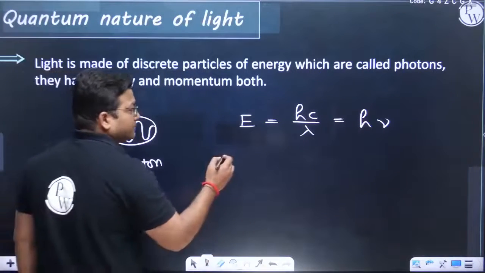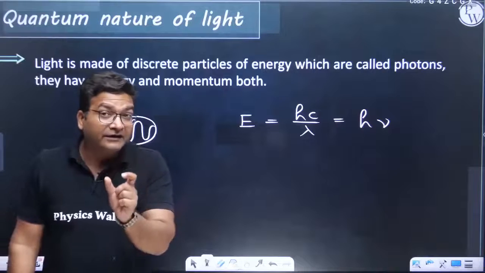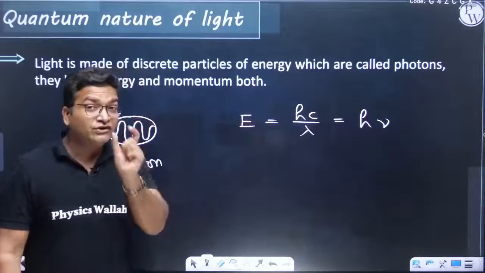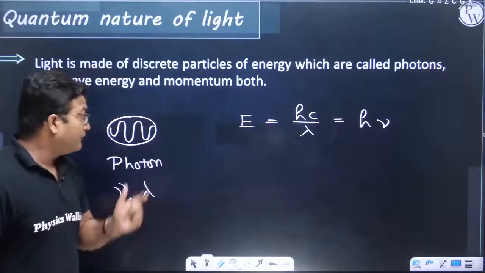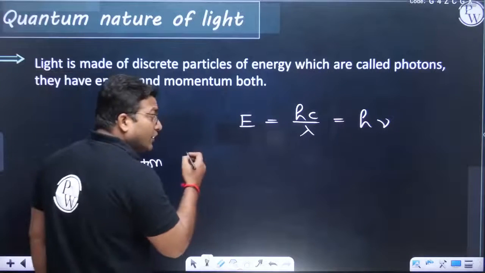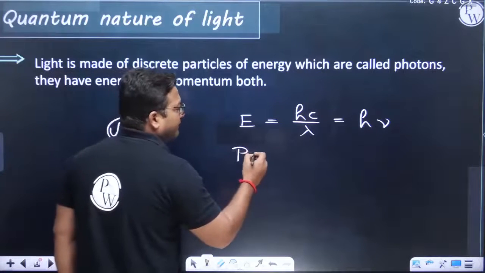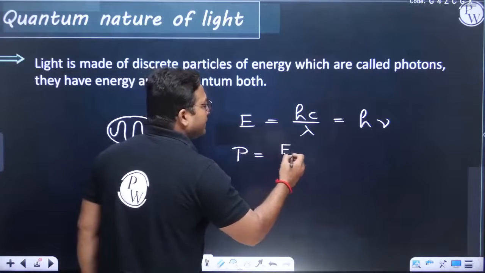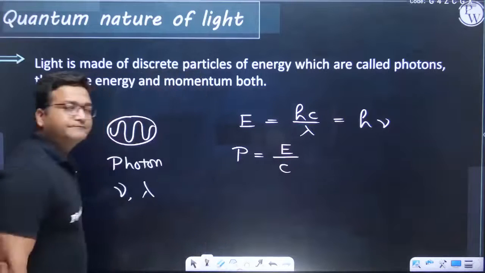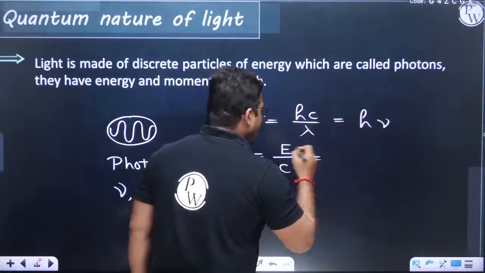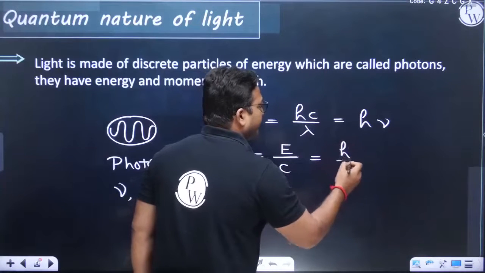This is the energy of one packet of energy, one photon of energy. And the photon also has momentum with it, and the momentum is given by energy divided by speed of light. If you put energy equals hc by lambda, you will see the momentum equals h by lambda.